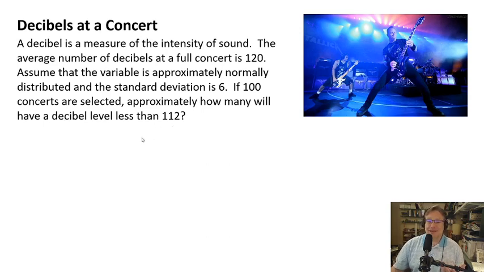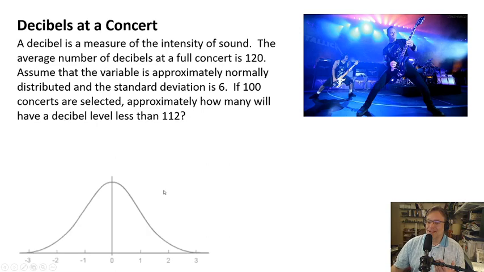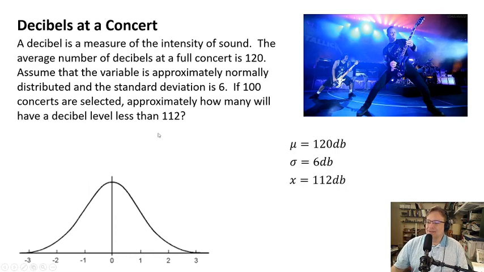Sounds like we're dealing with a normal distribution here. So let's take a look here. We're going to eventually take this threshold and remap it as a z-value on this standard normal distribution. So how do we do that? Well, we take the mean and the standard deviation from this problem, and we have an x value here of 112. Is that going to be greater than the mean or less than the mean?